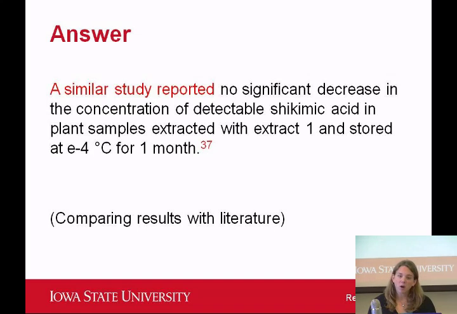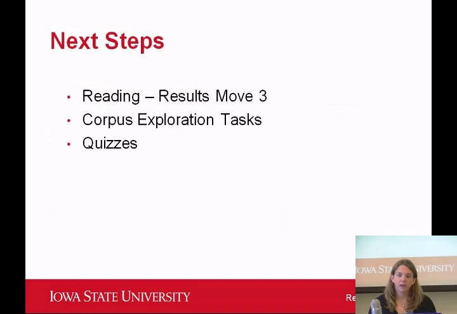All right, now that we've walked our way through the steps within Move 3, you'll of course have a few tasks to do. We'd like you to look at the reading for this section and then also look at your corpus. Complete the corpus exploration tasks and the knowledge and practice quizzes.